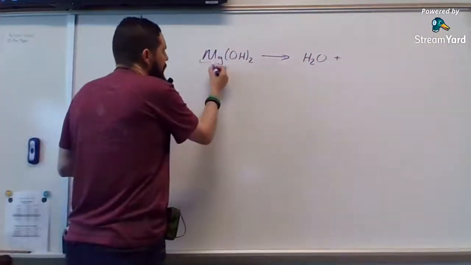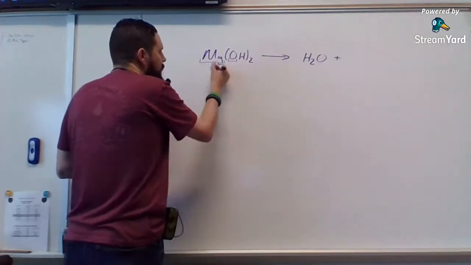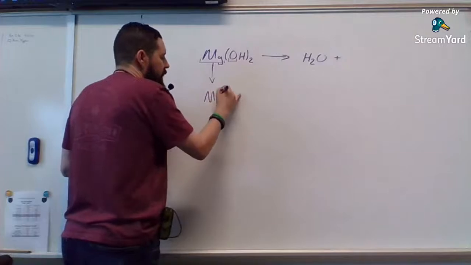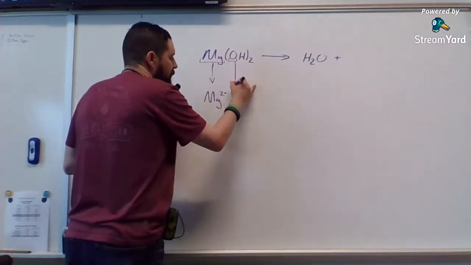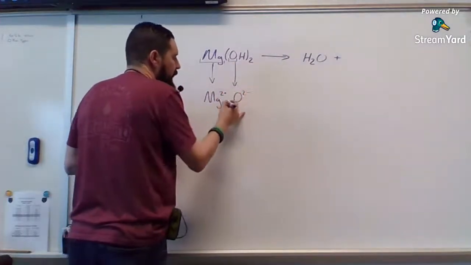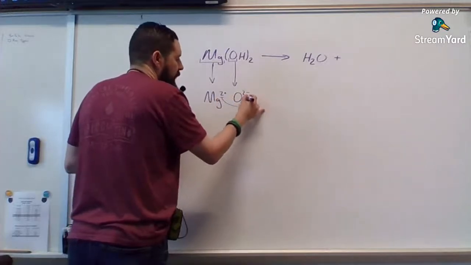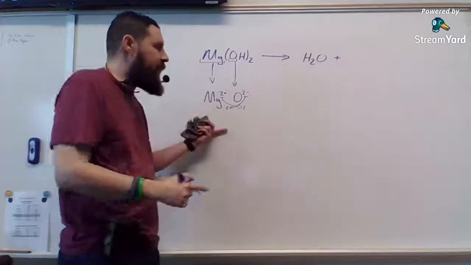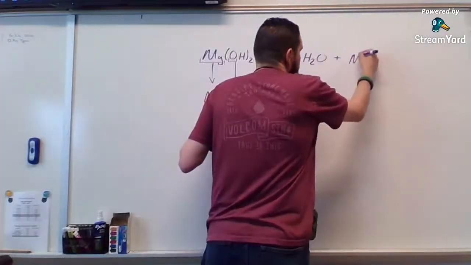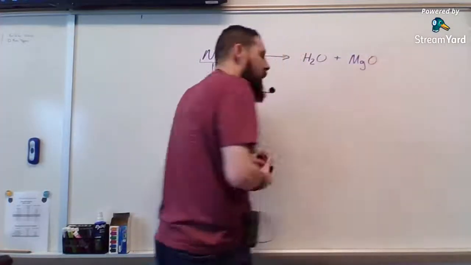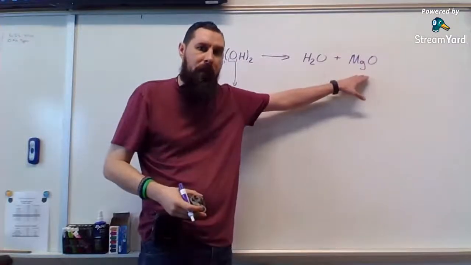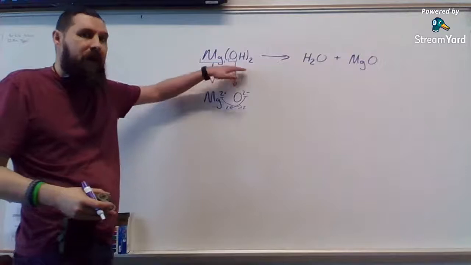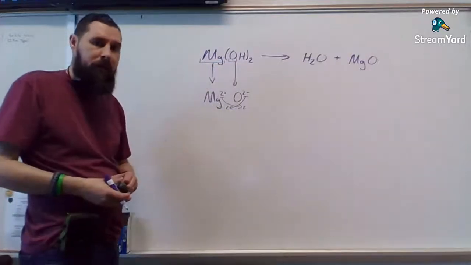Then I'm going to take my metal and that oxygen and see what metal oxide forms. So Mg as a 2 positive, oxygen as a 2 negative. Cross down the charges. Mg2O2, but that reduces down to simply MgO. So again, I get my metal oxide and I get my water when a metal hydroxide decomposes.